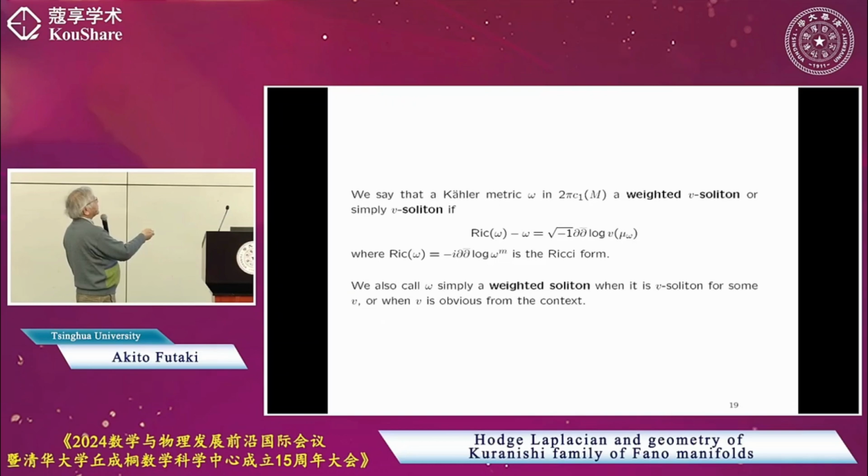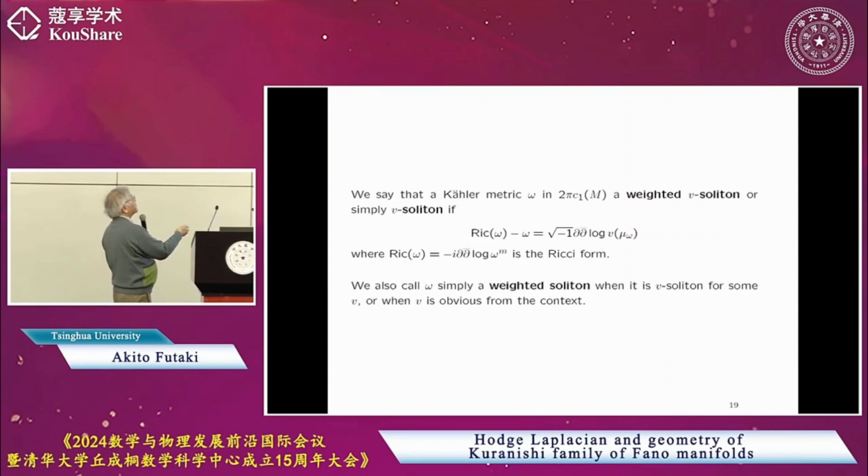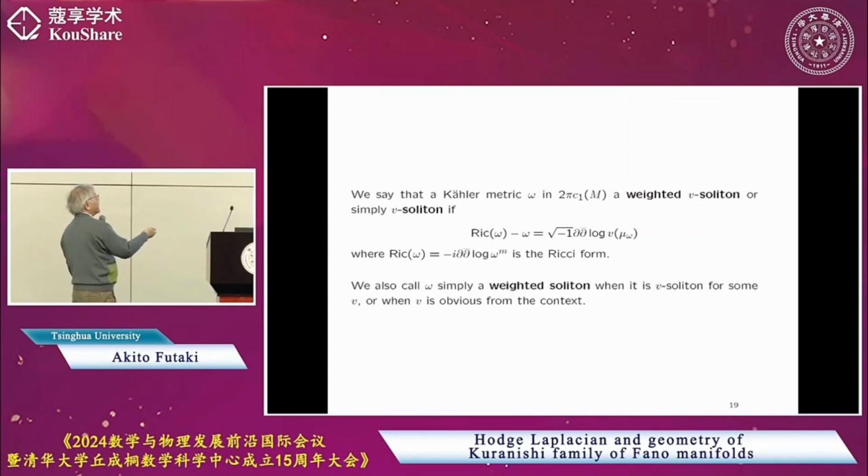So V is a function on the moment map image. The moment map image is invariant under the change of Kähler metric in a fixed Kähler class. Then pulling back V by mu, this becomes a function on M. So we can take log and d d-bar. When this equation is satisfied, we say omega is a weighted V soliton.